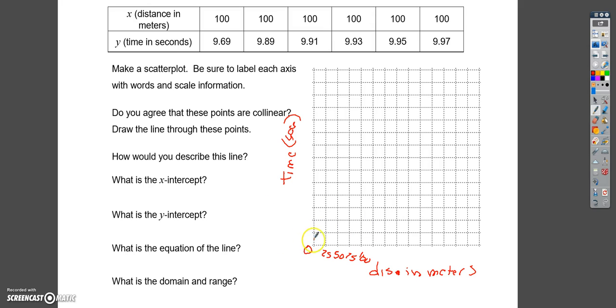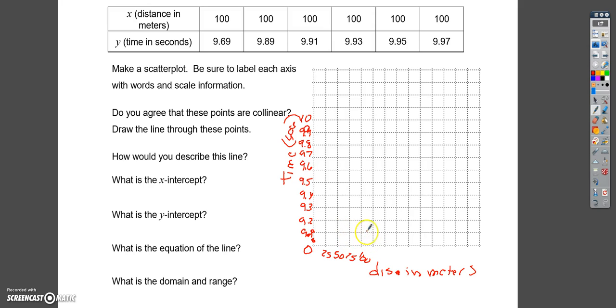And I'm going to make this scraggly 9 point 9.1, 9.2, 9.3, 9.4, 9.5, 9.6, 9.7, 9.8, 9.9, and 10.